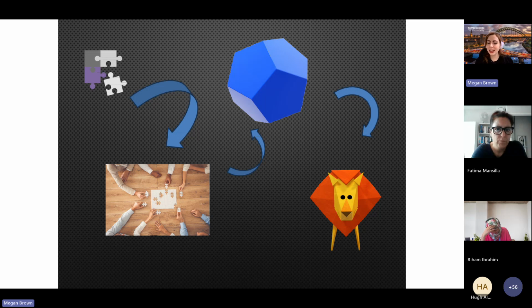Bringing all that together can help us interpret that 3D model into what it means. In this case, it's a lion, but in research, obviously, it will cover lots of different topics in terms of what those stories mean to people and how that then should influence our educational practice.